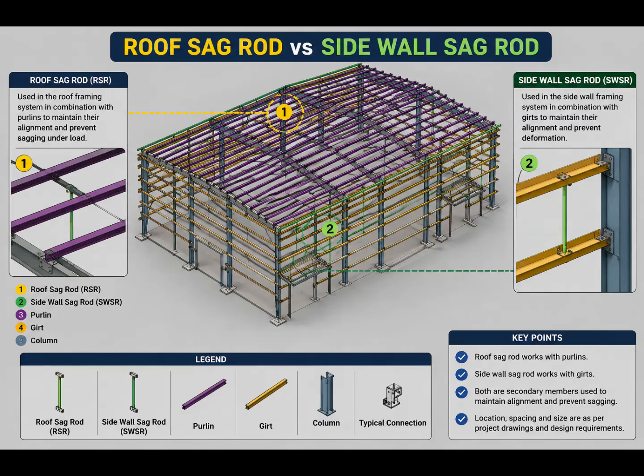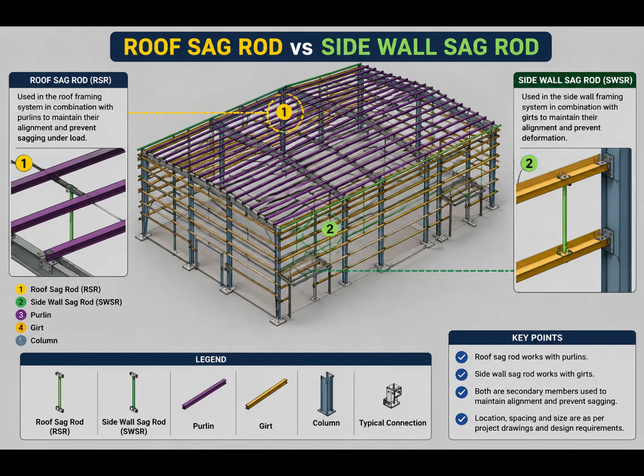First, location. The roof sag rod is located in the roof framing system. The side wall sag rod is located in the side wall framing system. Second, associated member. The roof sag rod works with roof purlins. The side wall sag rod works with wall girts.